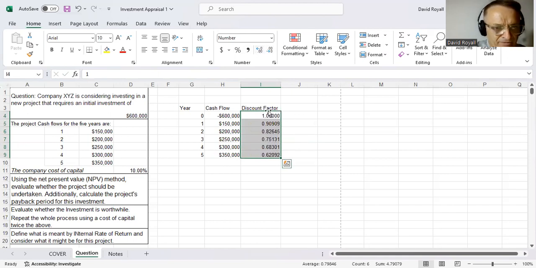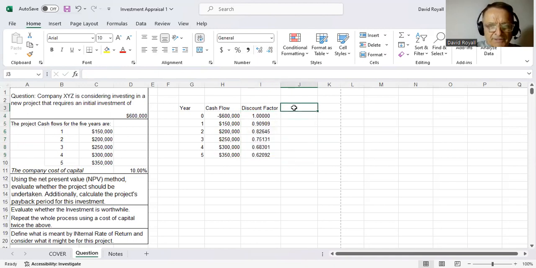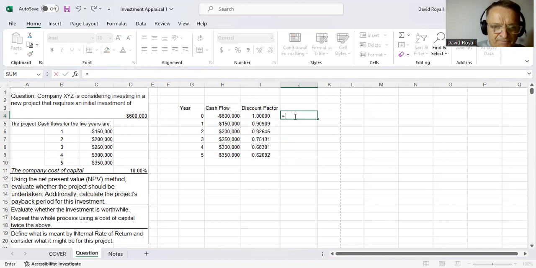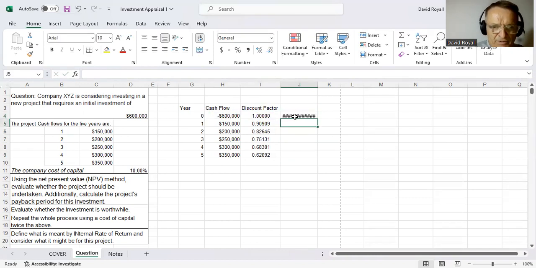So that's plenty. 4 is plenty in any examination scenario. But as it's a computer, in the background it's going to work to multiple decimal places. Okay, so what's this worth at today's money? Well, let's multiply these two together. Okay, so what I'm going to do now is I'm actually going to work that to the nearest whole dollar.